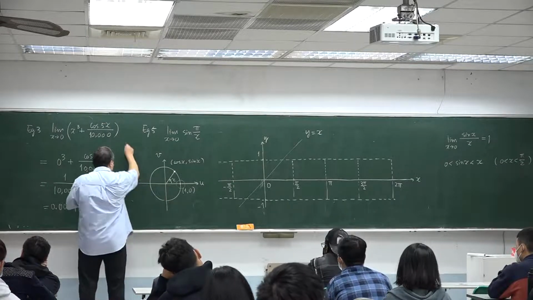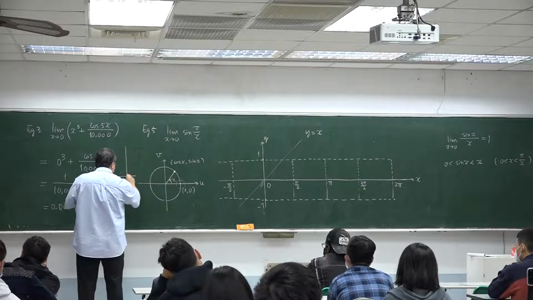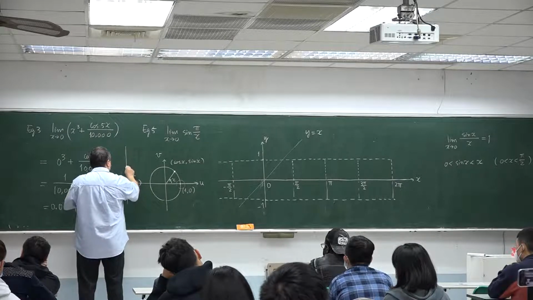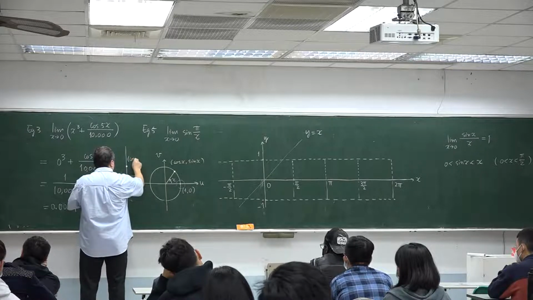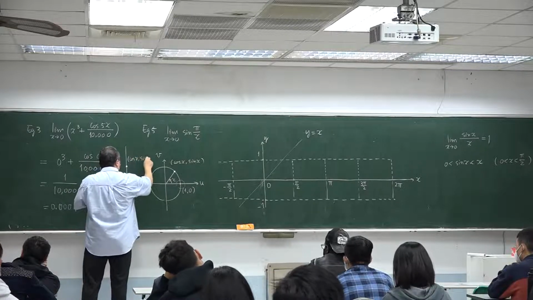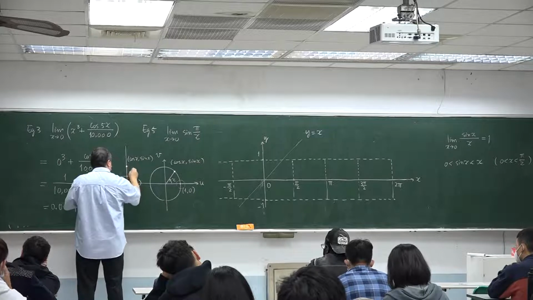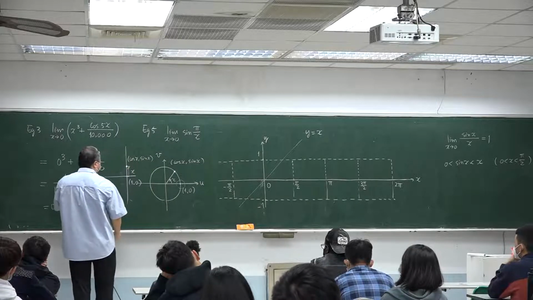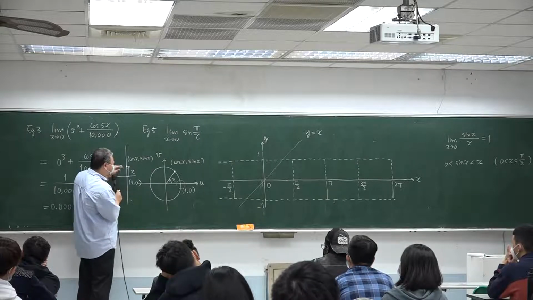So here, this is cosine x, sine x. This is also x, because x is so small.